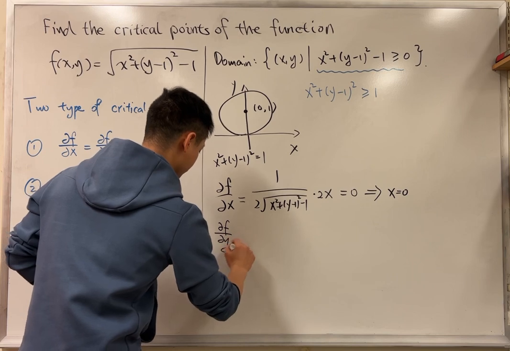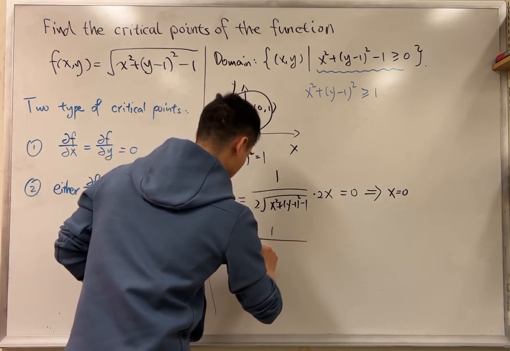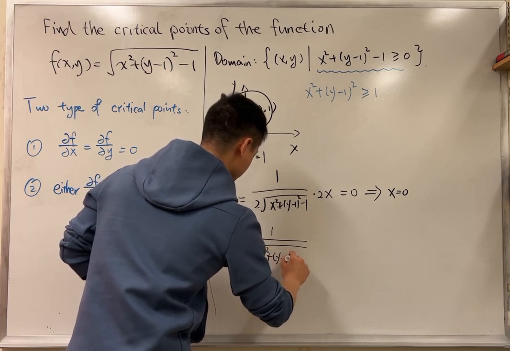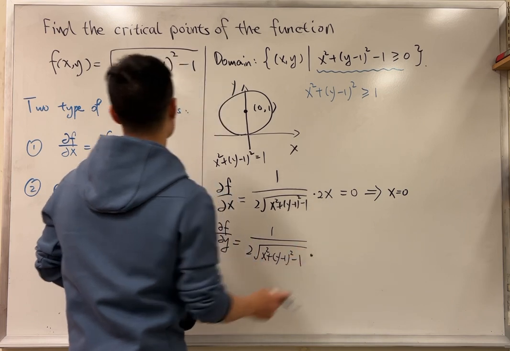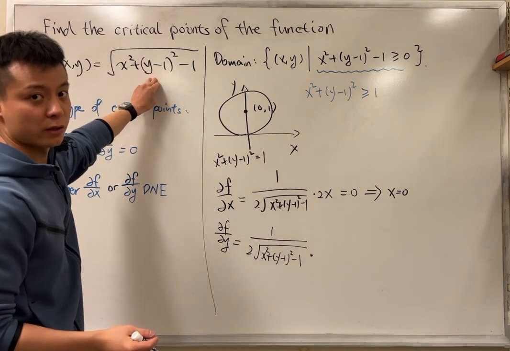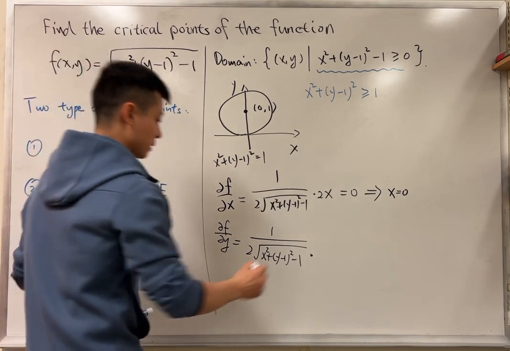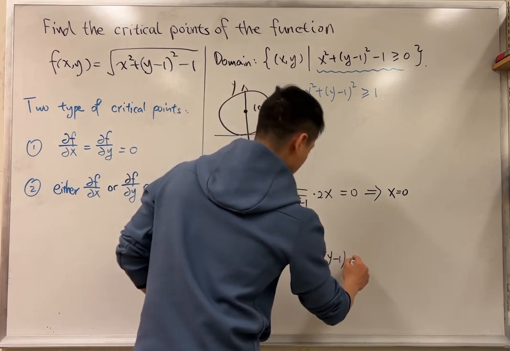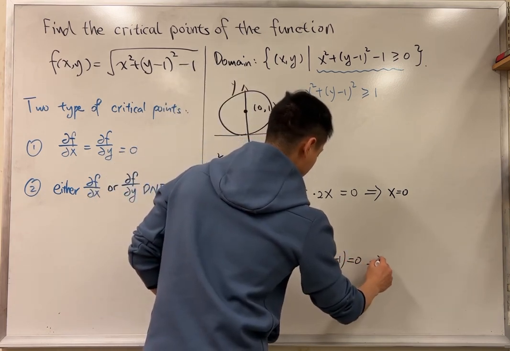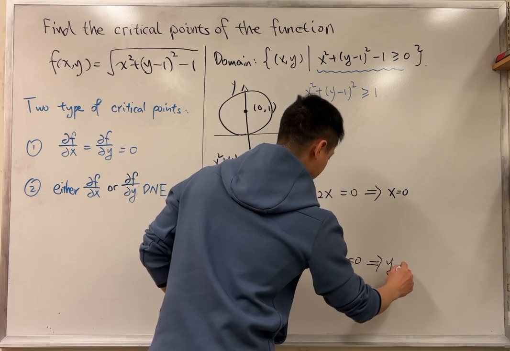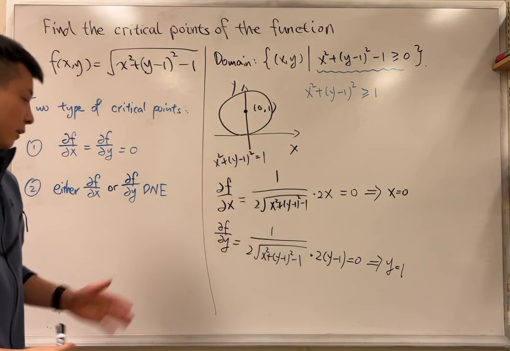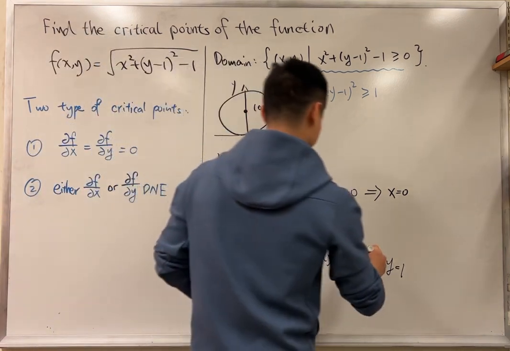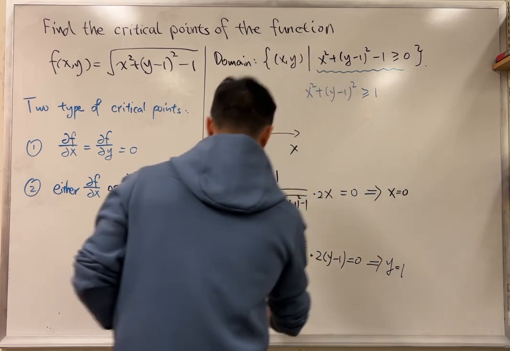Partial y is going to give us 1 over 2 times the square root of x squared plus (y minus 1) squared minus 1, multiplied with the derivative of the inside function with respect to y, which is going to be 2(y minus 1). Okay. And then we're going to set it to 0 and solve it in a similar way. We're going to have y equal to 1. Okay, so it looks like (0, 1) is going to be the critical point of the first type.